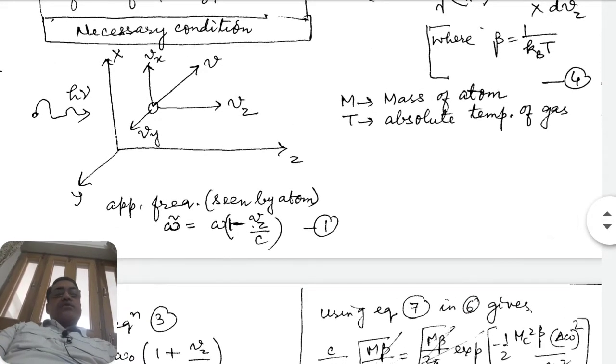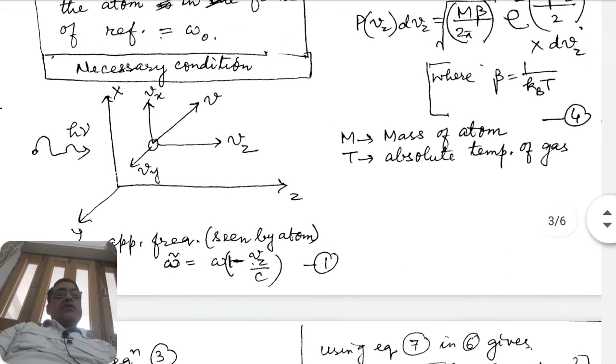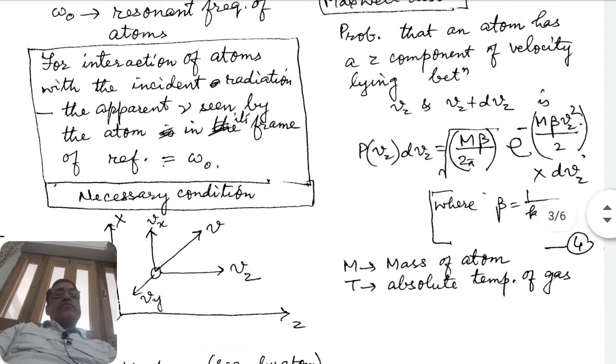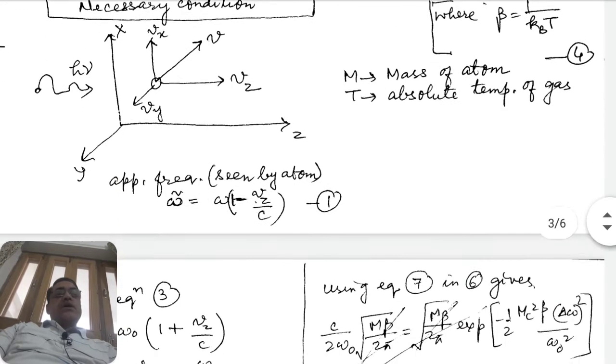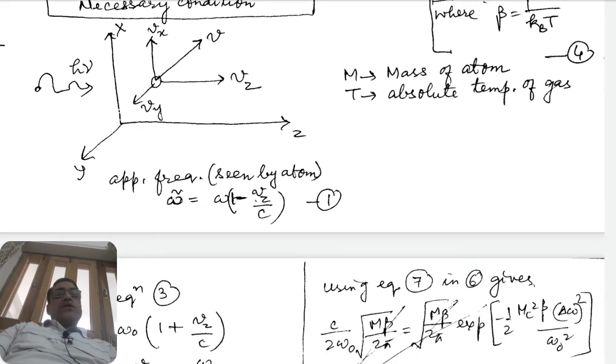Applying the Doppler effect, because both the photon and the atom are going towards the same z direction, one can readily see that the apparent frequency is omega into (1 minus Vz by c). Here Vz is the velocity of the atom along the z direction.